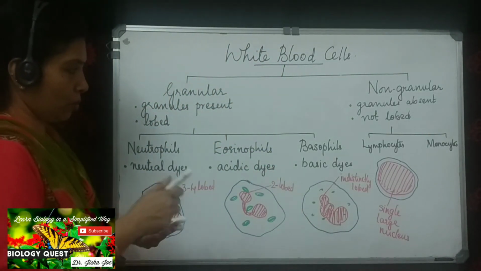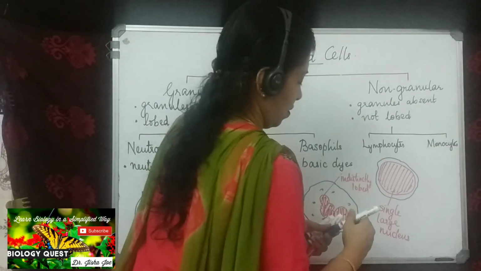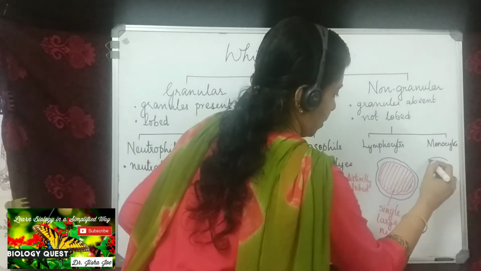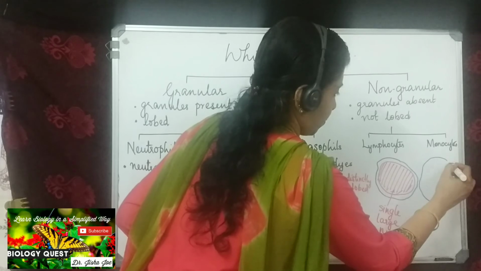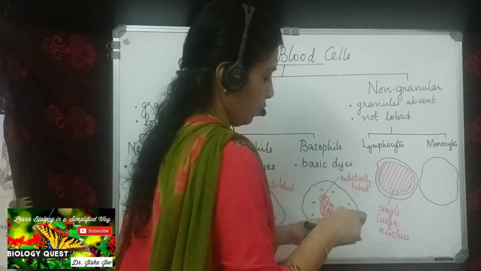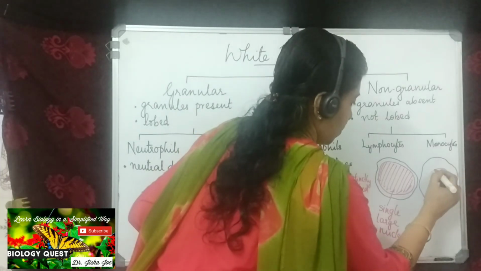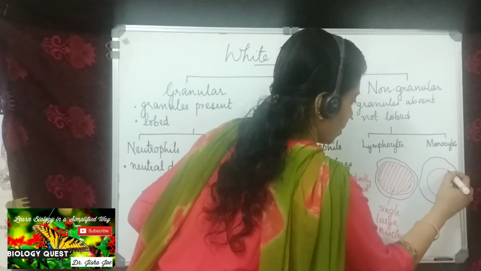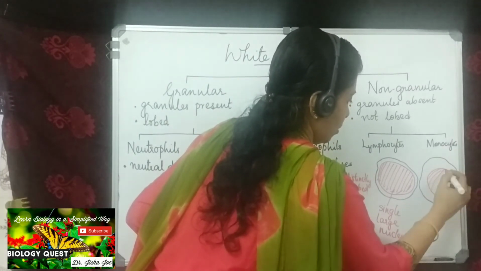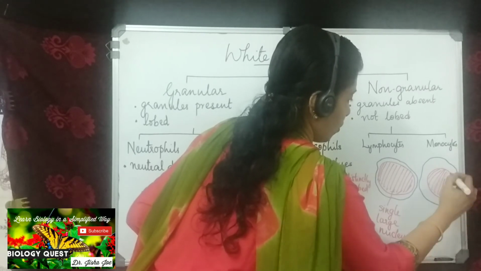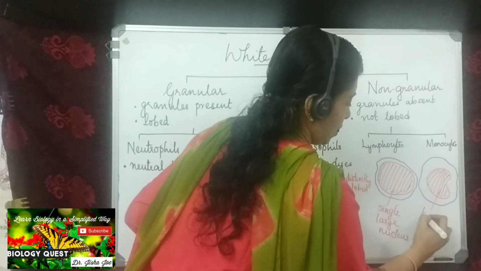And moving on to the monocyte. It is the monocyte there. The nucleus is bean shaped or kidney shaped. You can see the bean shape or kidney shape of the nucleus.